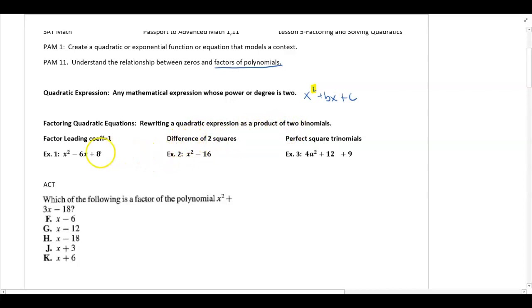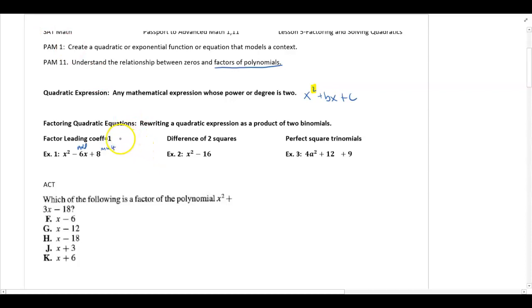So there are three common ones we deal with. One is when we factor with a leading coefficient equal to 1, meaning there's no number in front of x squared. When we do this, we find a number that multiplies to give us the constant and adds up to the middle term. So in this case, what multiplies to give us 8 and adds up to -6?